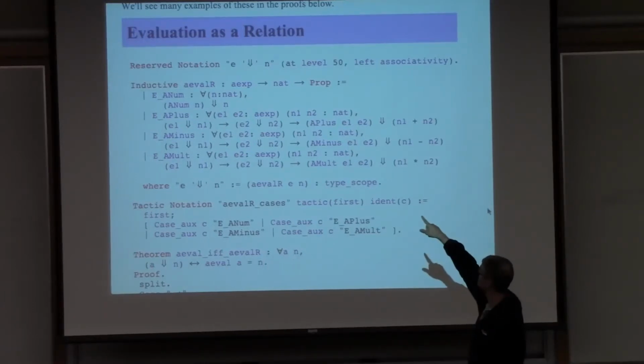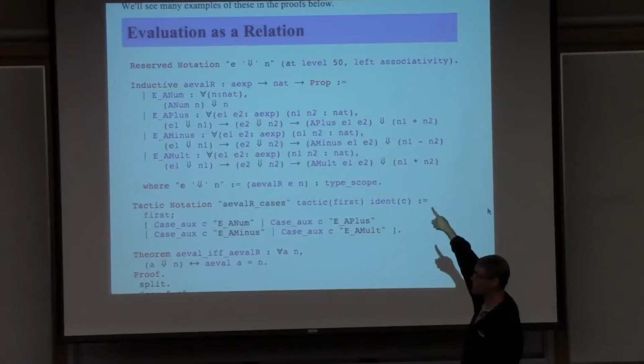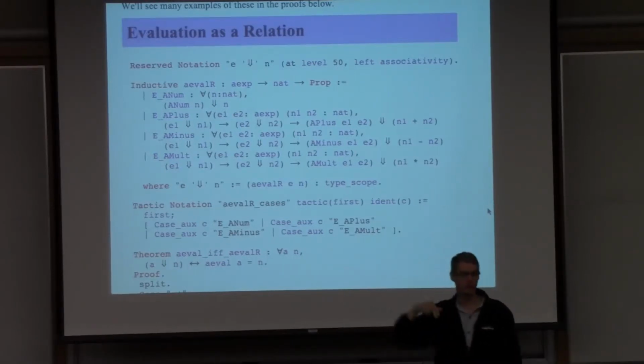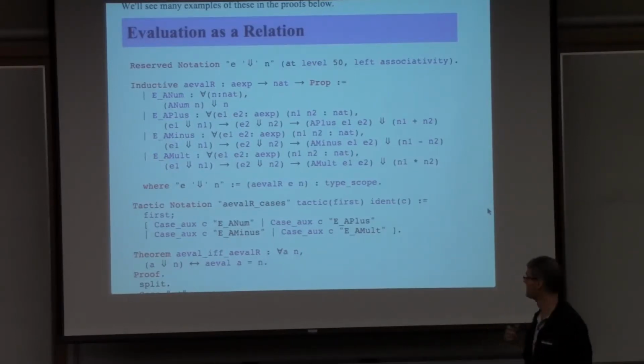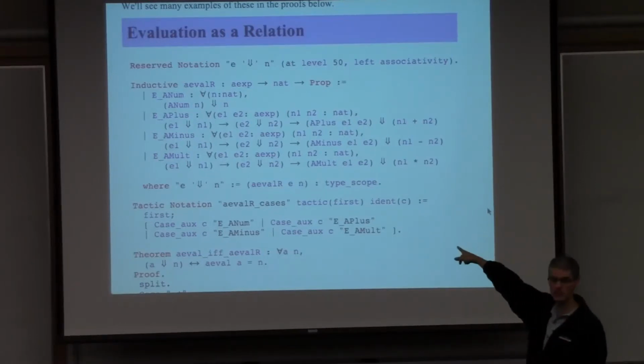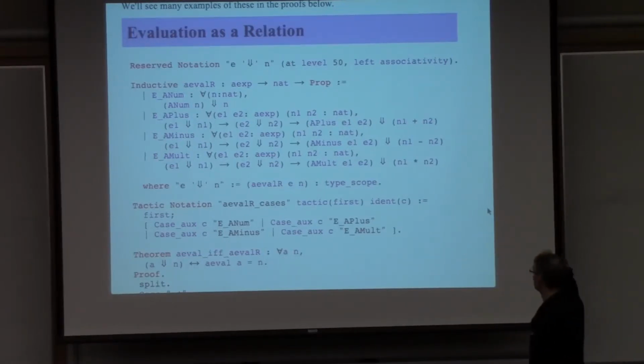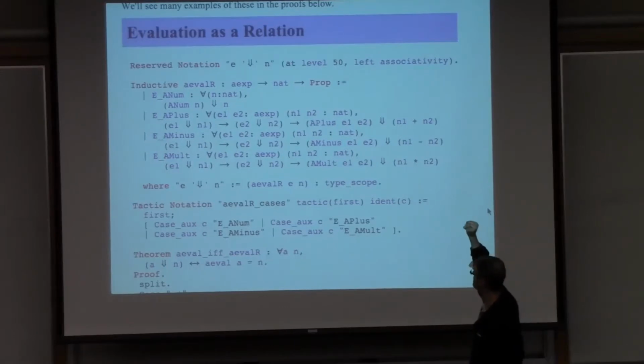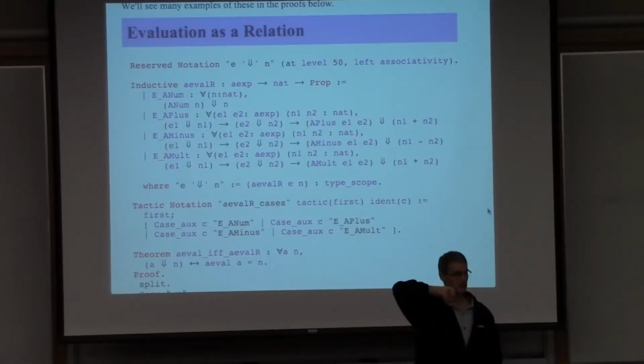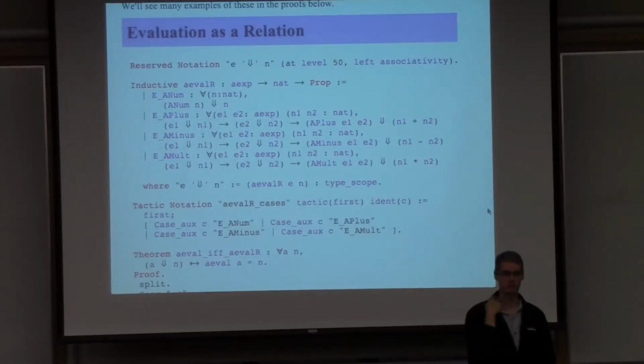Notice that here both of the parameters to the inductive definition are non-uniform ones. Why? Because in each of the clauses, in each of the rules forming this inductive definition, the arithmetic expression to be evaluated and the number that it evaluates to are different.